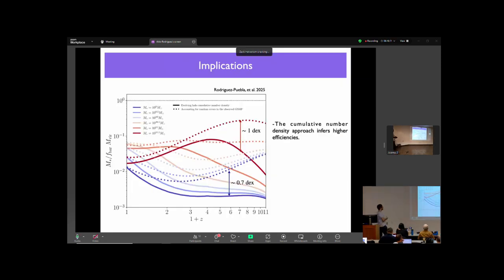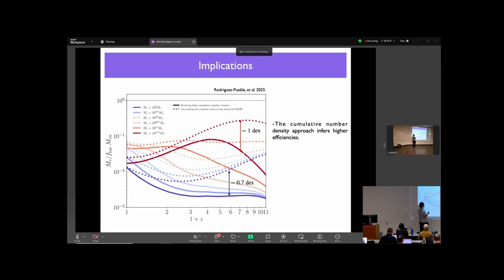Okay, so what are the implications for the things that we are doing? What I'm showing here is the stellar mass divided by the baryonic mass, which is the universal baryon fraction times the halo mass, as a function of redshift. So we are seeing the evolutionary tracks of our galaxies.